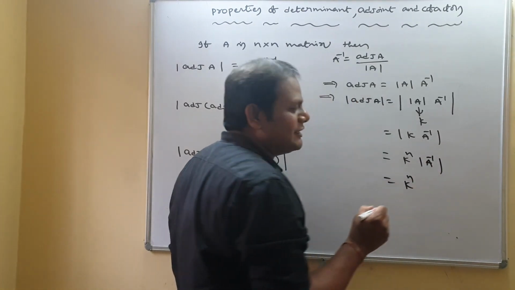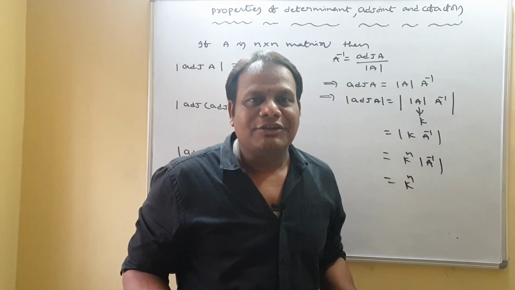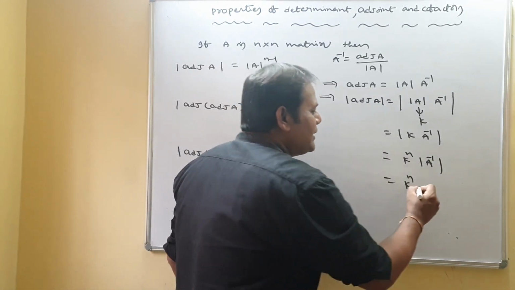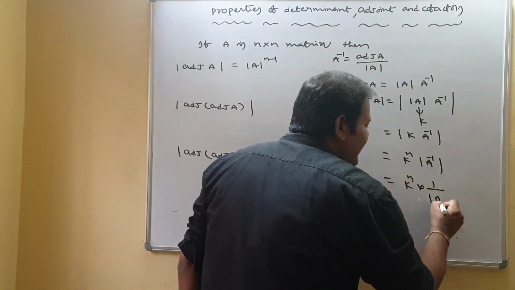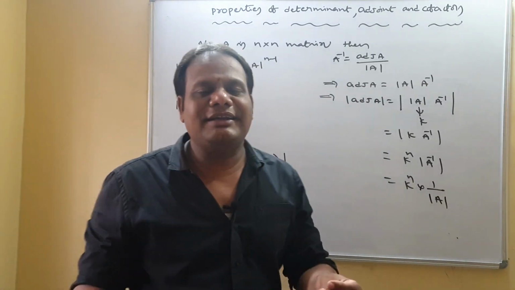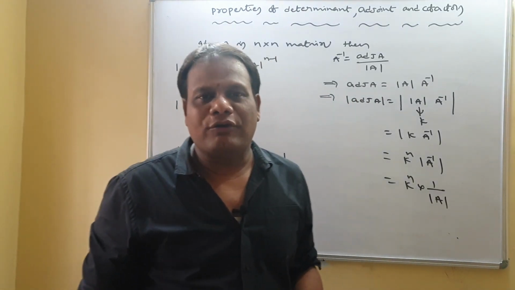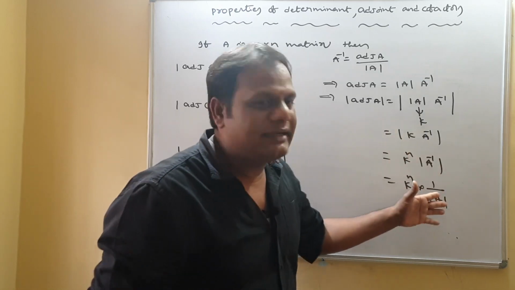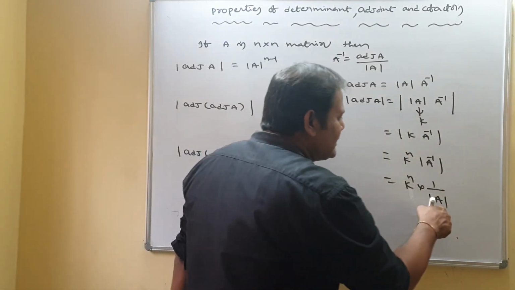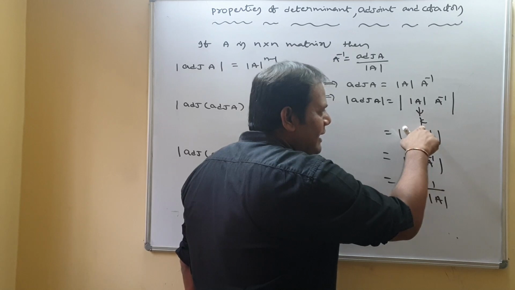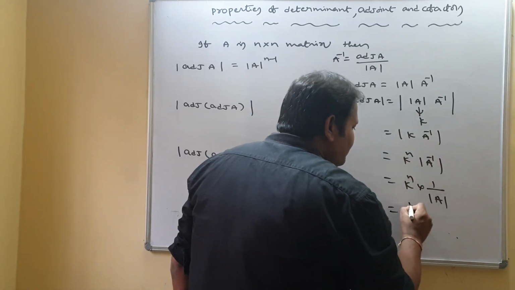So we have a result for det A inverse. What is det A inverse? It is 1 by det A. Det A inverse you can take as 1 by det A. What is det A? We treated det A as k. So it is k power n by k.